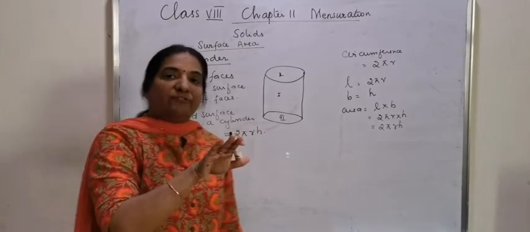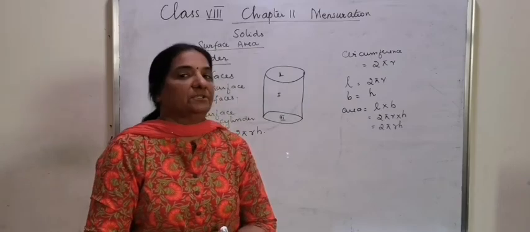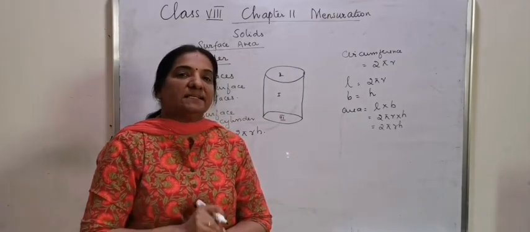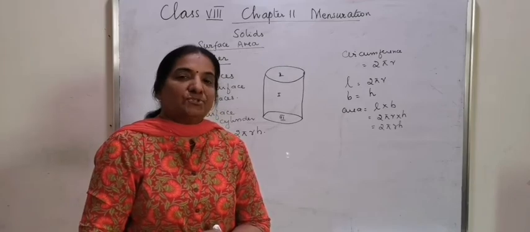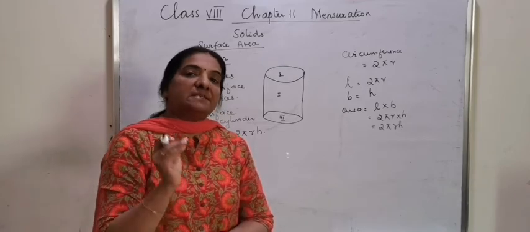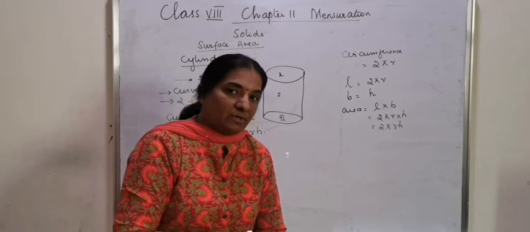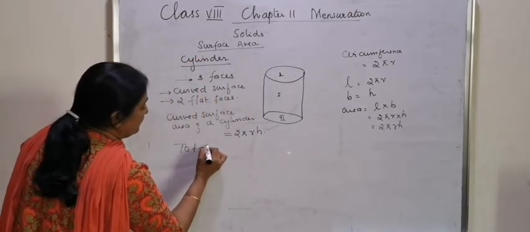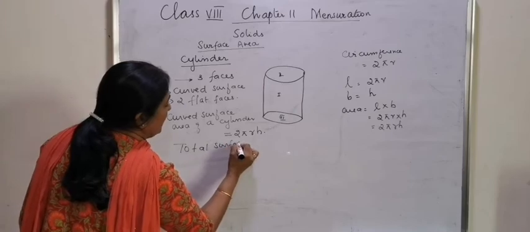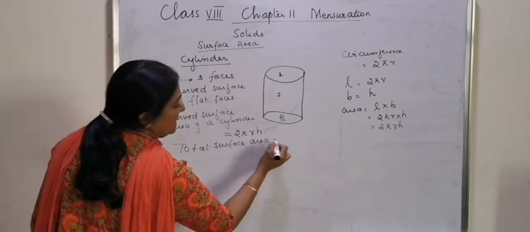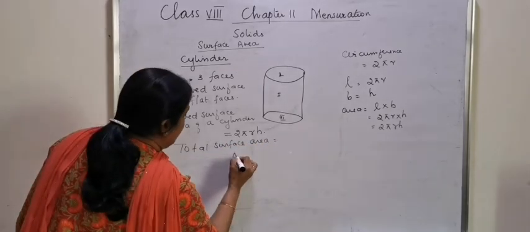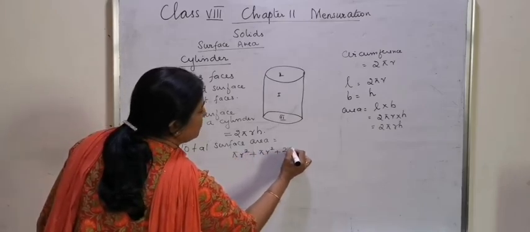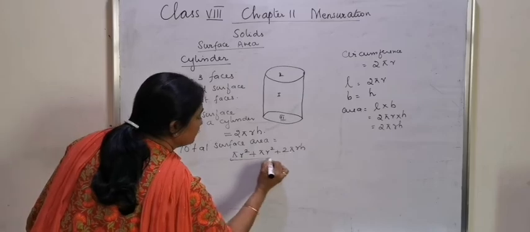And now the flat surfaces, both in the shape of a circle. The area of one circle is pi r square. So there will be 2 surfaces of circular shape, which shows that the total surface area is pi r square plus pi r square plus 2 pi r h.